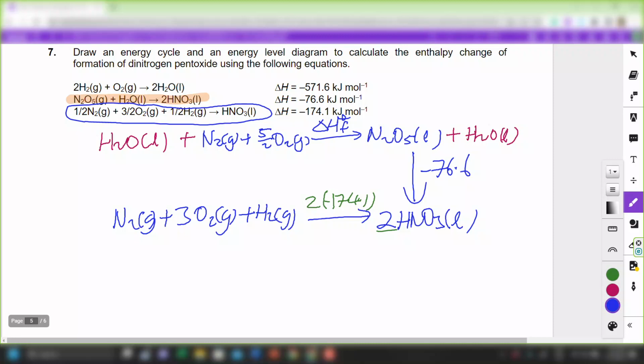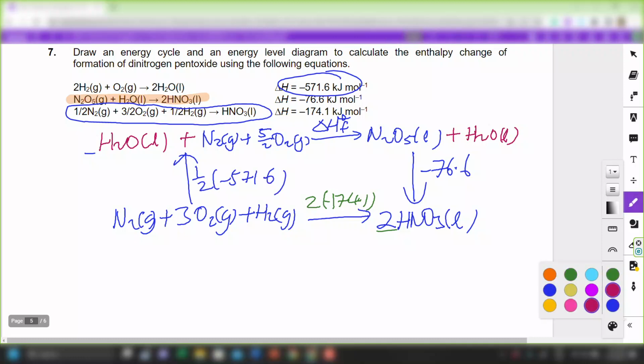In this case I'm going to combust 1 equivalent of H2 to give me H2O liquid. In this case I do not need minus 571.6, because I'm only forming 1 equivalent of H2O, not 2 equivalent. So I'm going to multiply this by half, minus 571.6. And then right now I'm going to sum everything up.